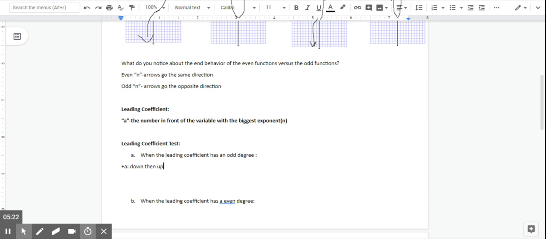So that means our arrows first point down on the left and up on the right. If our a is negative, that means we go up on the left and then down on the right.